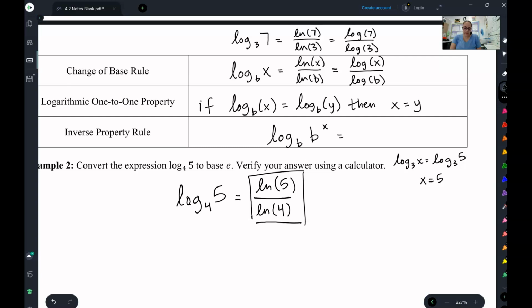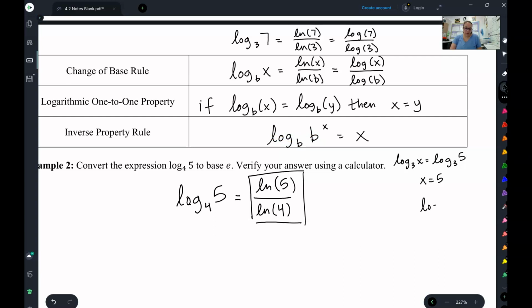Then the inverse property, you've probably already used a little bit. The inverse property says that because logarithms and exponentials are inverses, they're opposites, they undo each other. If I have a log base b and an exponent of the same base, they're actually just going to cancel each other out, and I'm just going to be left with the x.